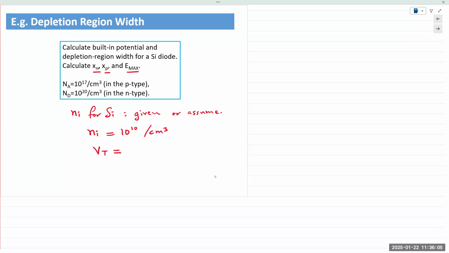But since the book uses 25.8, we can run with 25.8. And then it's simply plug and solve. We have equations for Xn, Xp, WD0, and Emax. Emax is, of course, the electric field that is generated automatically.